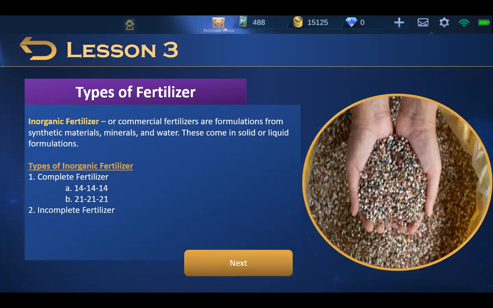Incomplete fertilizer contains one or two elements that are needed by the plants, which is either nitrogen, phosphorus, or potassium. Examples are urea, 14-0-21, and 21-0-0.